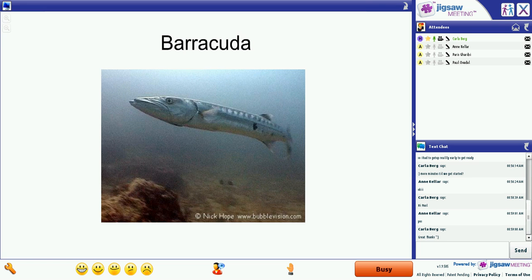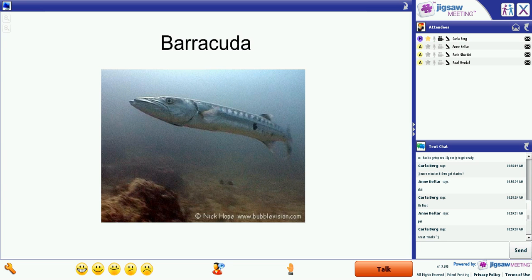Great job. Now, here we have our barracuda again. We looked at the barracuda earlier in the class. The barracuda is a very torpedo-shaped fish as well. Who would like to make a guess as to how the barracuda moves through the water? Go ahead, Paul.